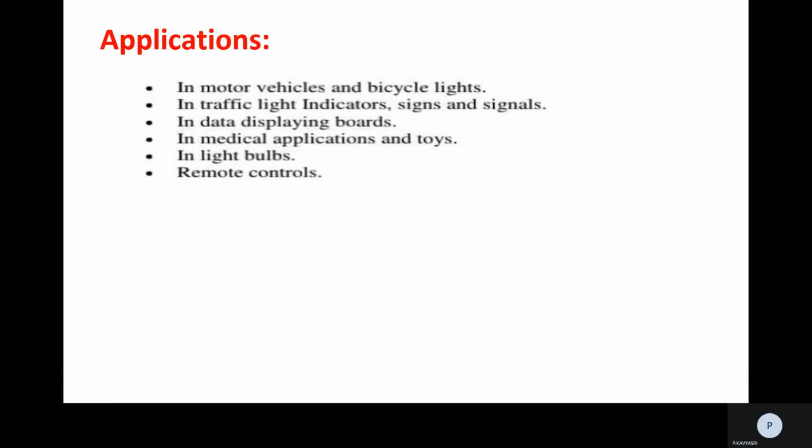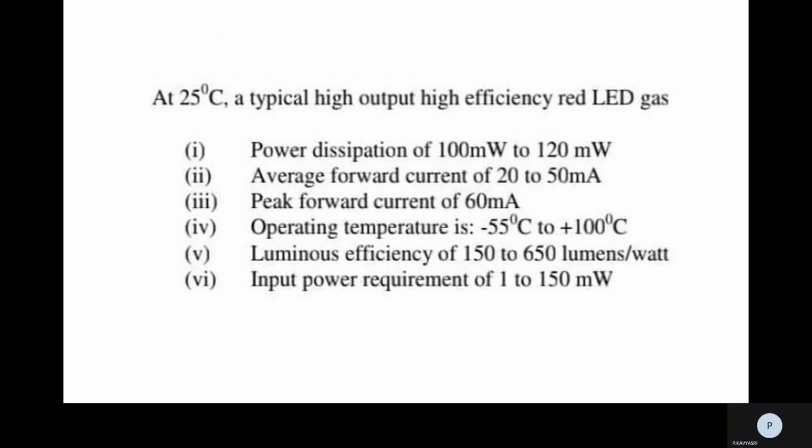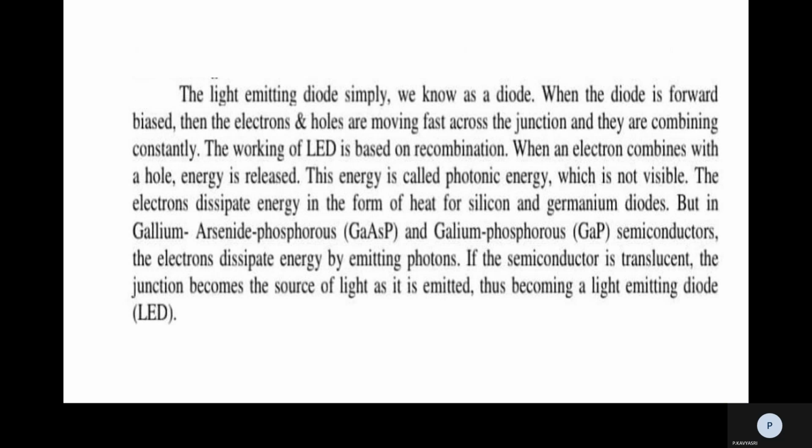So the basic concept of an LED, I'll tell you again. It works on the principle of forward bias condition and recombination. Whenever it is in forward bias, electron-hole pairs will be generated. At that time some energy will be released.